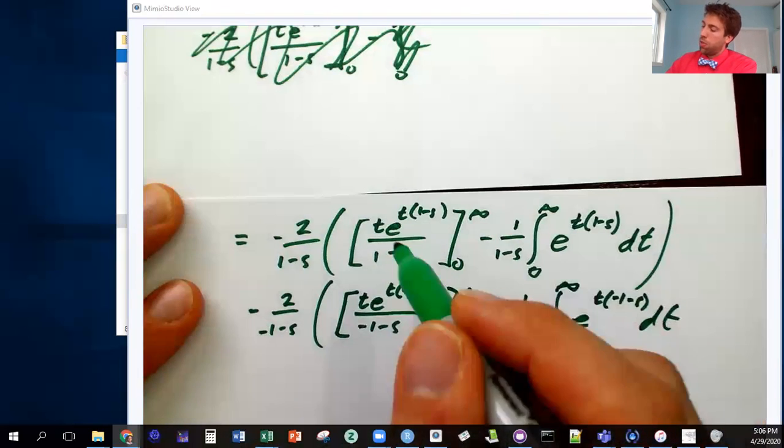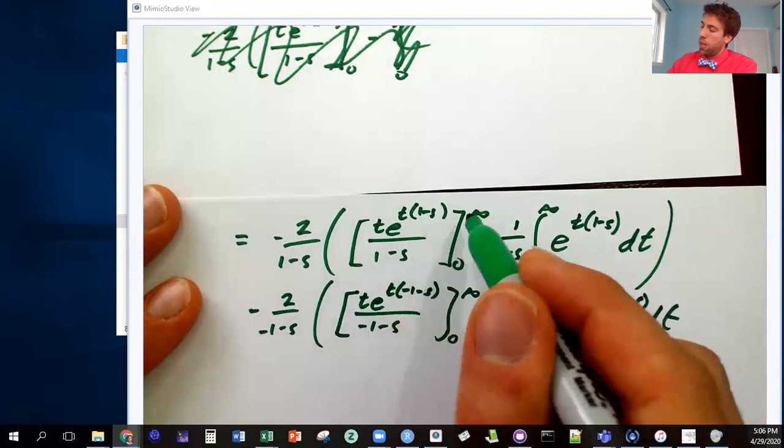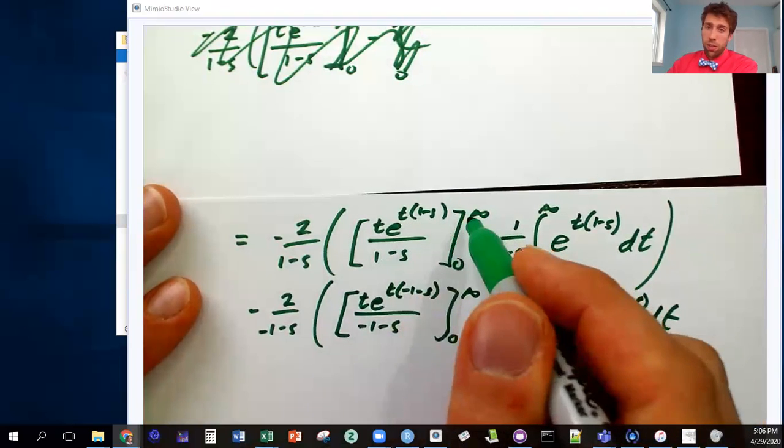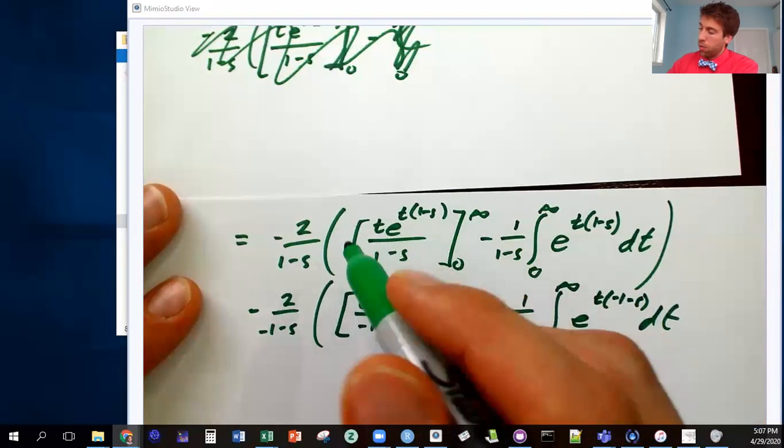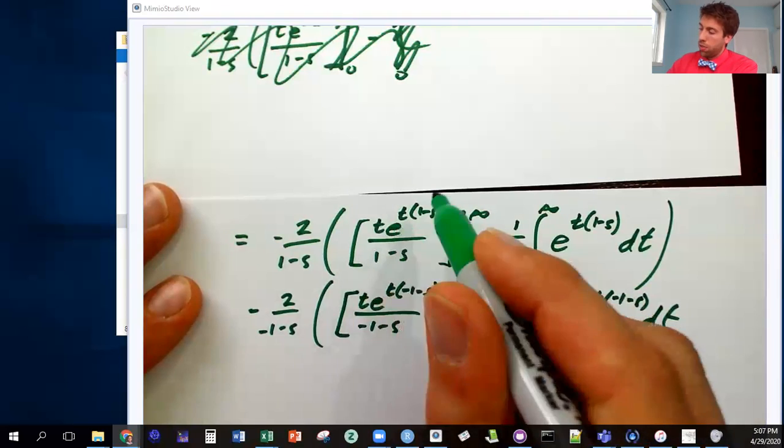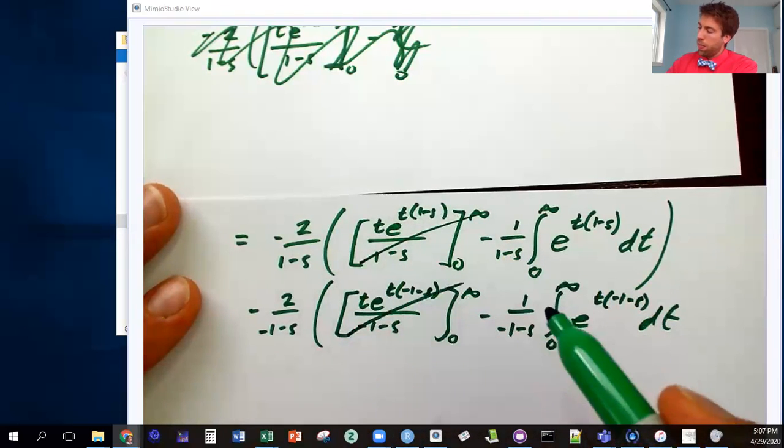Okay, these terms go to 0 as t goes to infinity, as long as s is greater than 1, and when you plug in 0, they're 0. So forget about them.